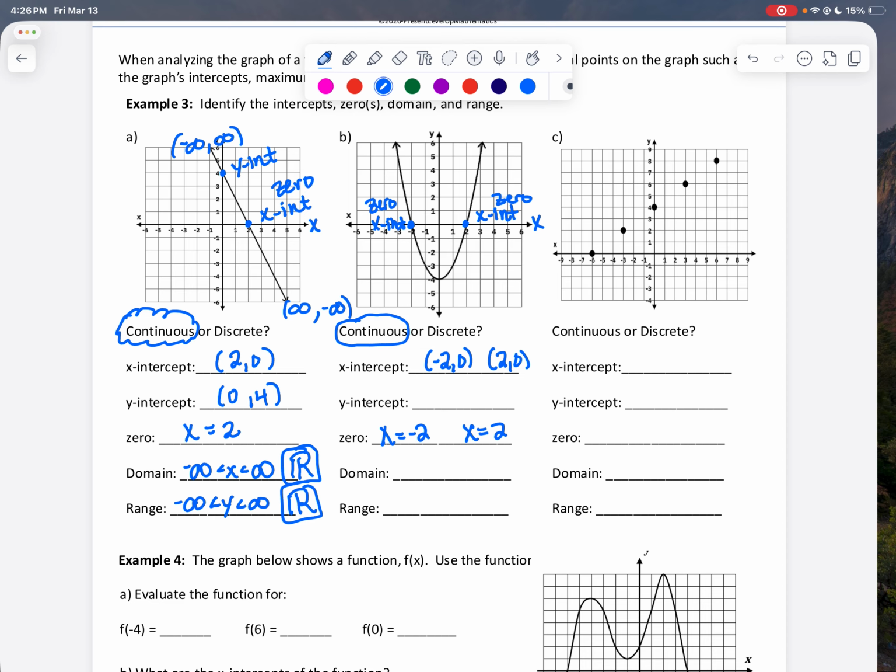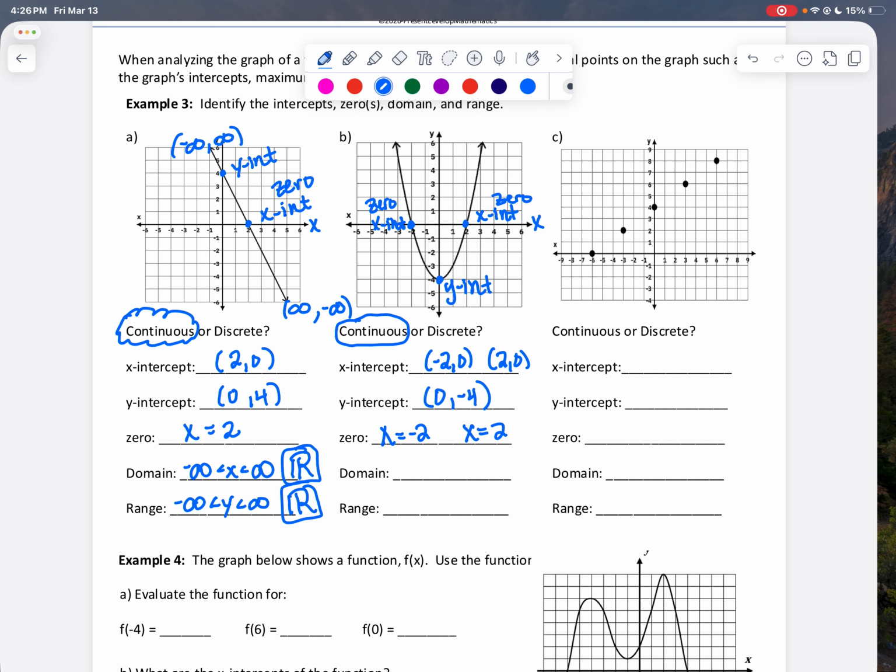All right, the y-intercept is asking where that U-shape touches the y-axis. Well, hopefully you can see it touches it right here. Would you label that for me, y-intercept? Now, y-intercept we write as an ordered pair, so (0, negative 4). For domain, this is our set of x values.